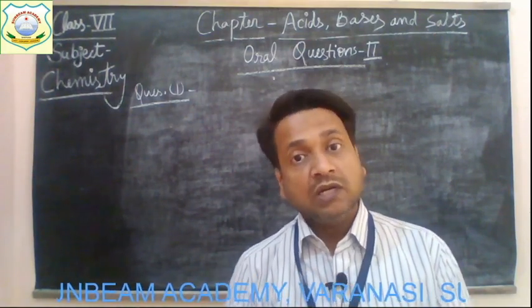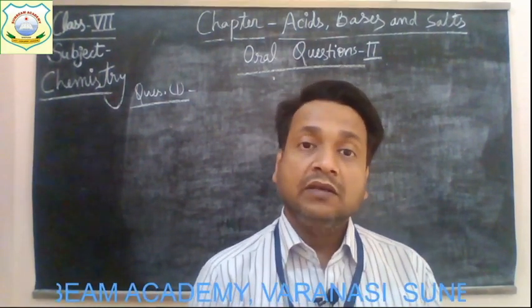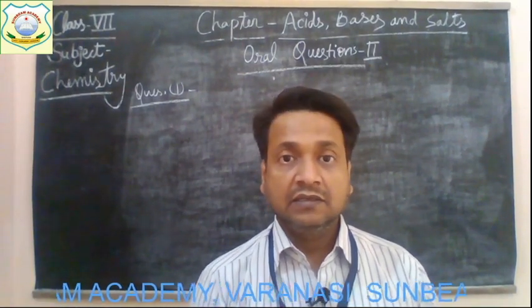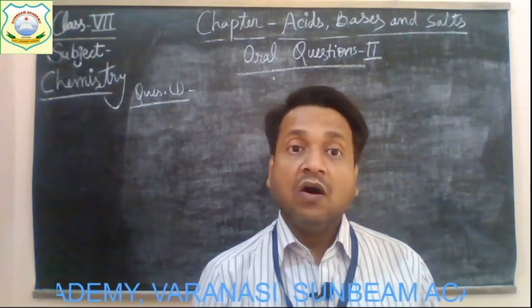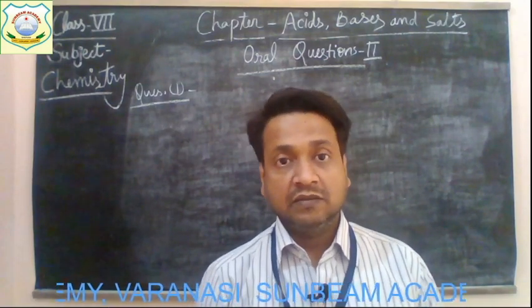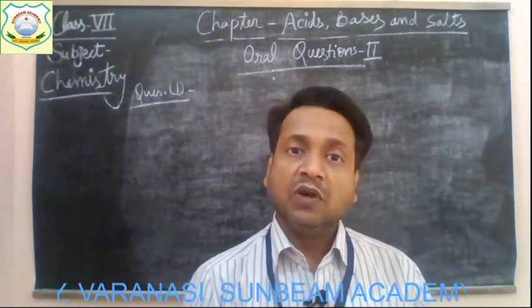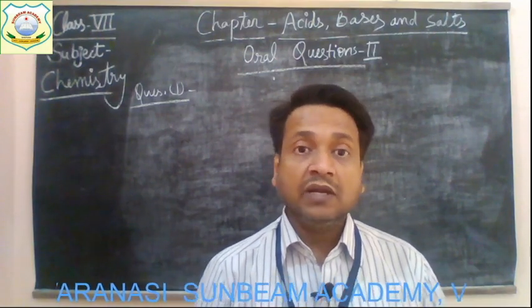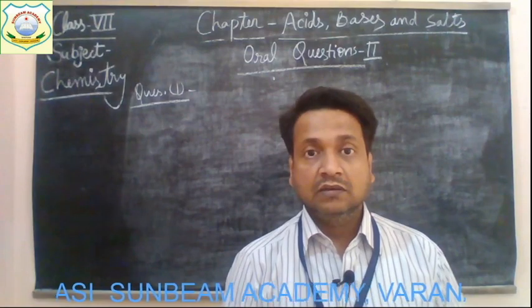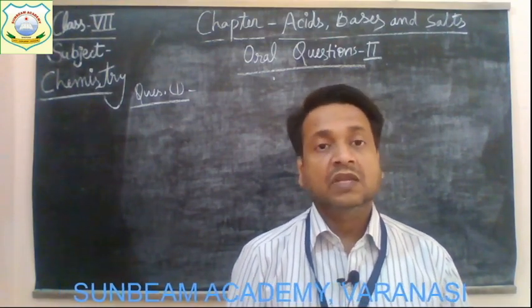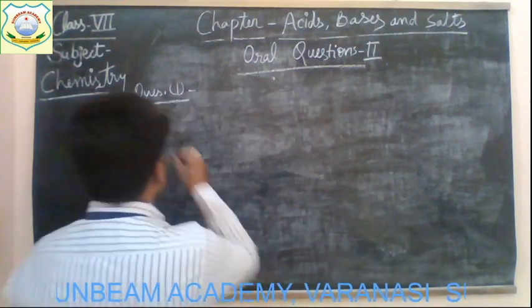Those water soluble bases are termed as alkalis. Get it? And this is why we can say that all the alkalis are bases because they are soluble in water. But all the bases are not alkalis because all bases are not soluble in water. Understood?